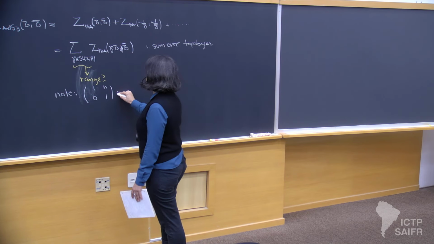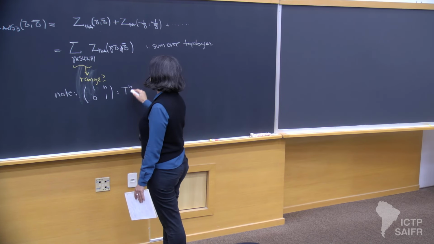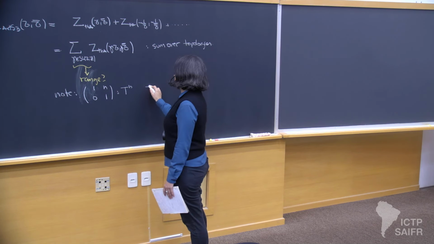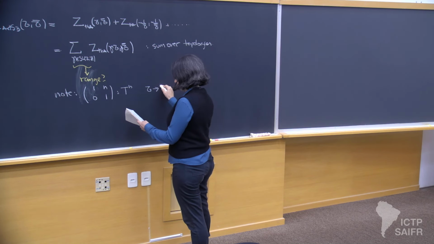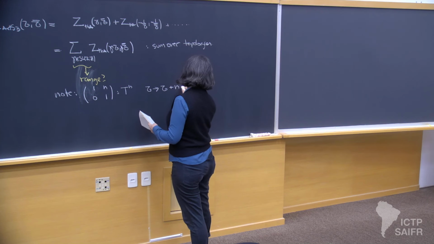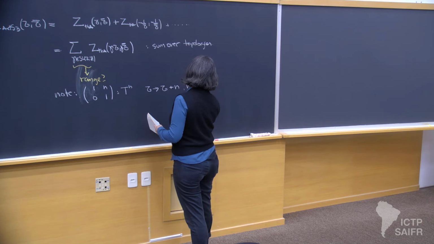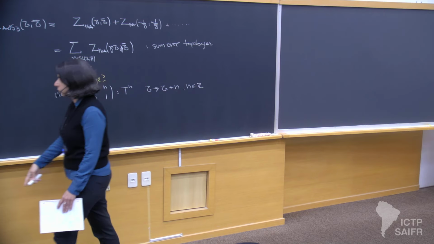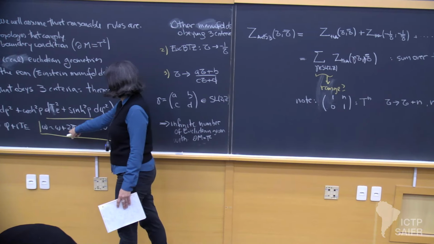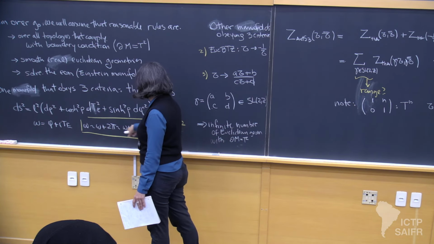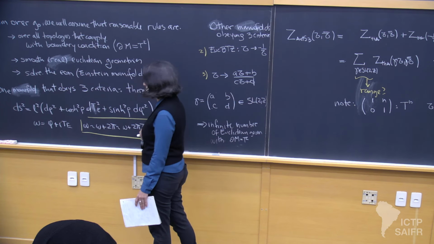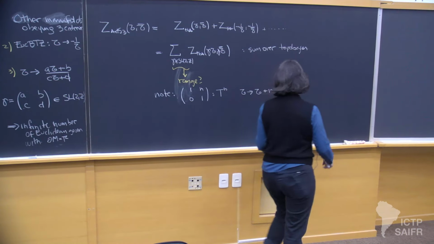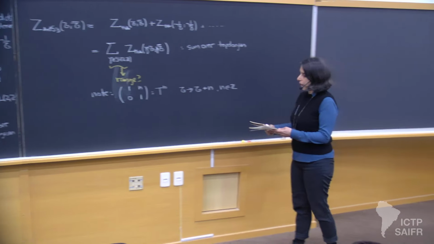This is what you call a T transformation, or T to the n. What it does is take the complex structure to tau plus n, with n an integer. It's just shifting the complex structure by an integer, which is a symmetry because it's just mixing these two periodicities. But it doesn't do anything.